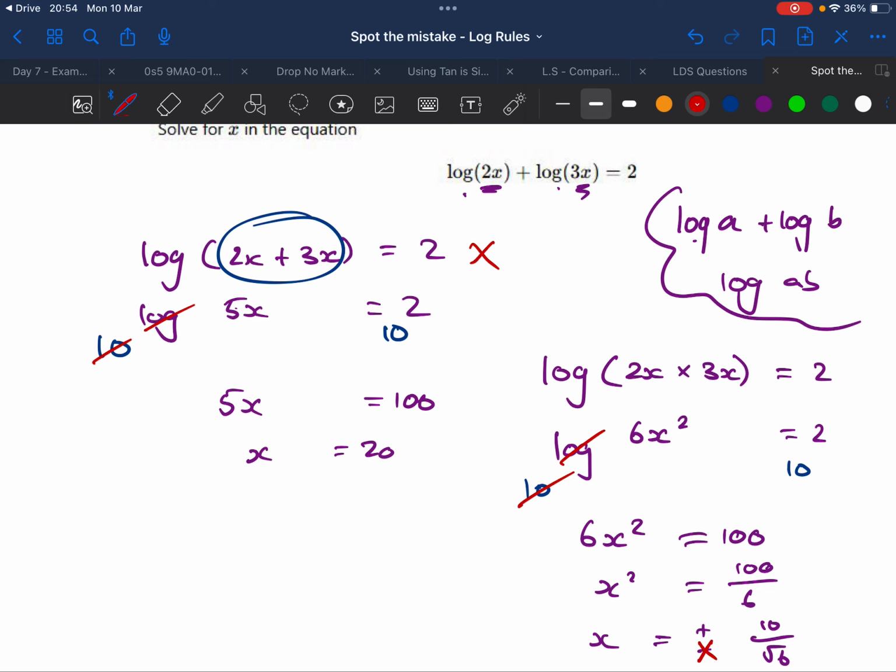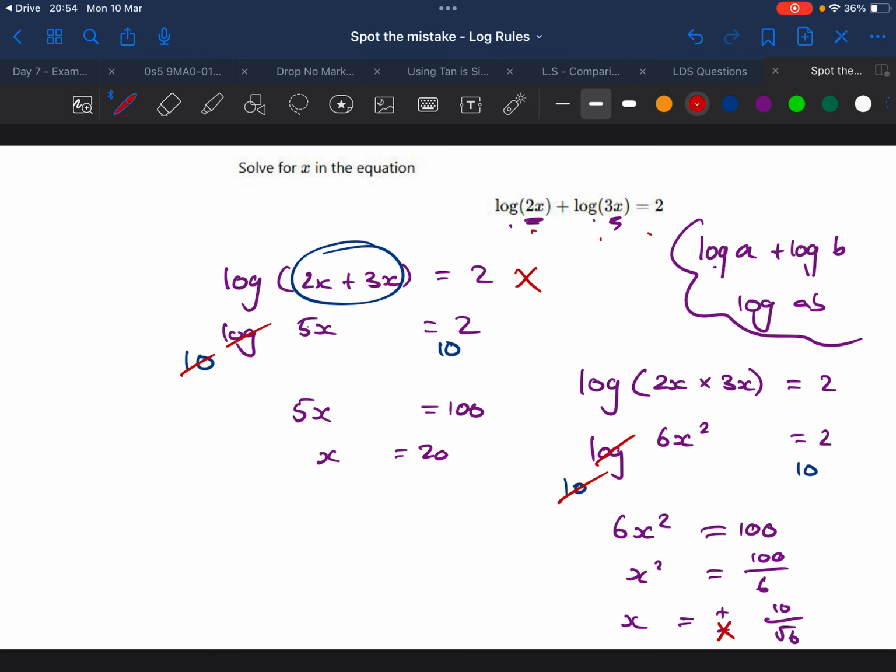So we need to ignore that solution. Just because the algebra gave that solution doesn't mean it's a solution to the original equation at the start. Okay, so another thing to watch out for there. But the main idea here is we need to make sure we're using our rules properly.